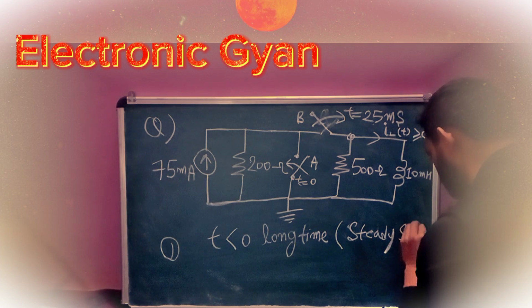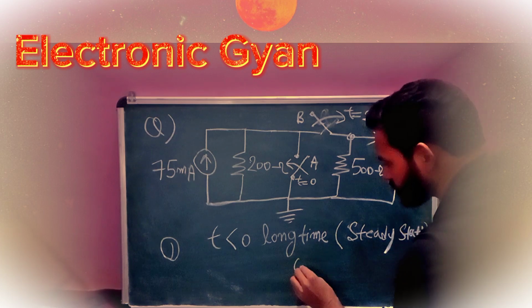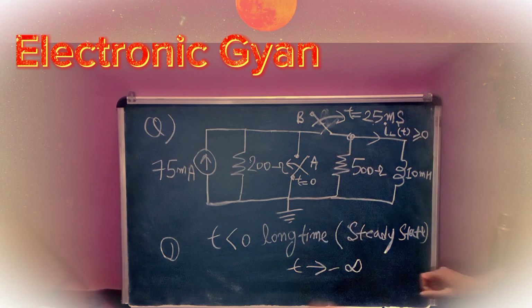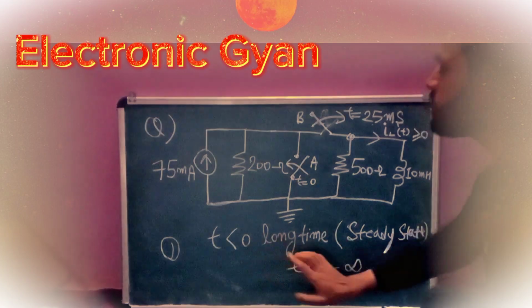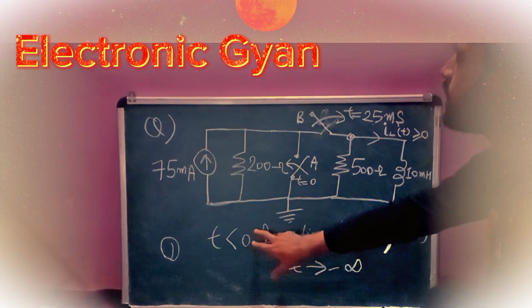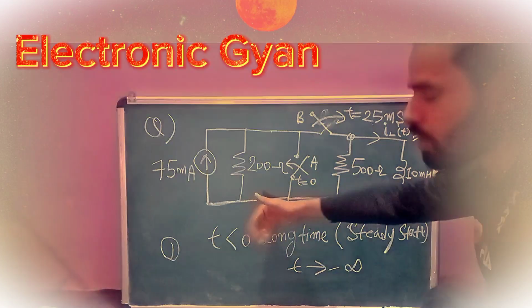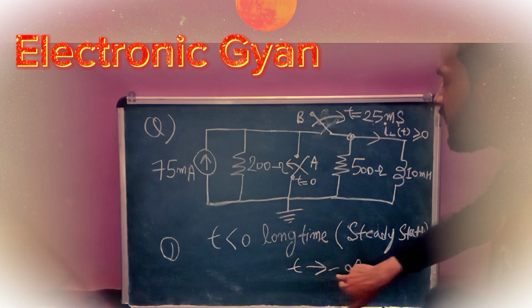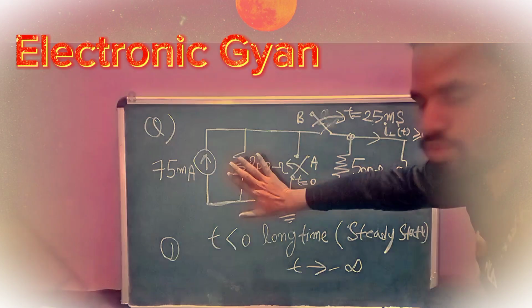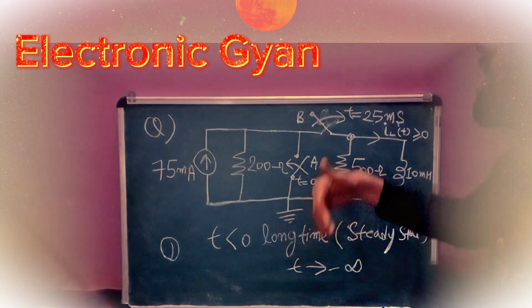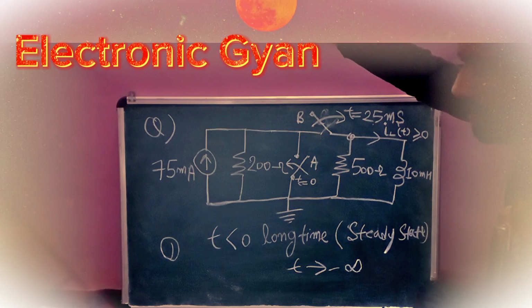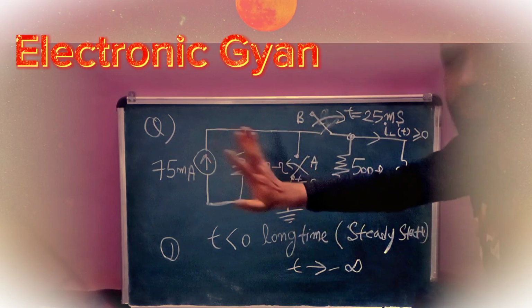Steady state means t is approaching minus infinity. As we know very well, for t less than 0 for a long time, my circuit will reach steady state. Steady state means a very long time, so it is approaching minus infinity time where this circuit will go into steady state.